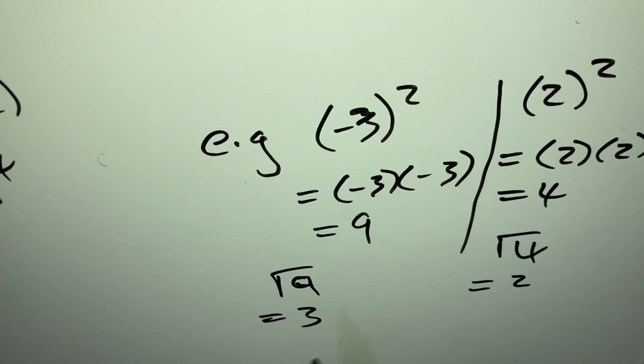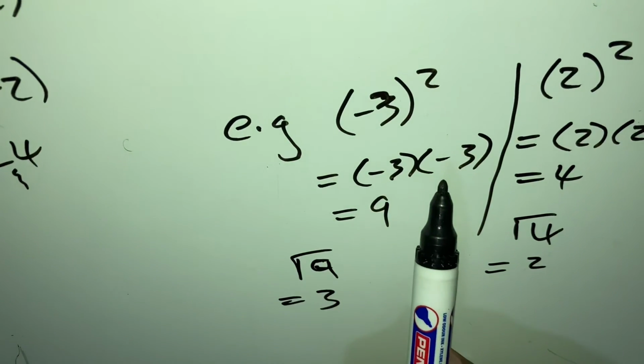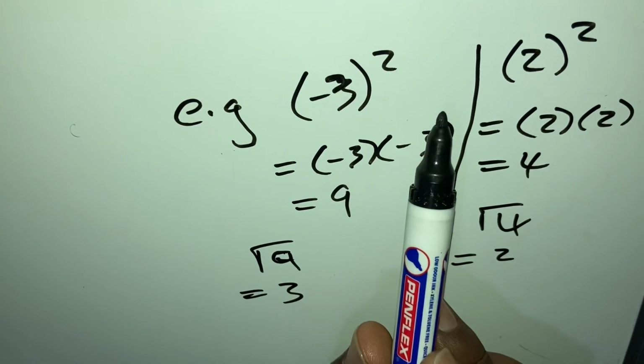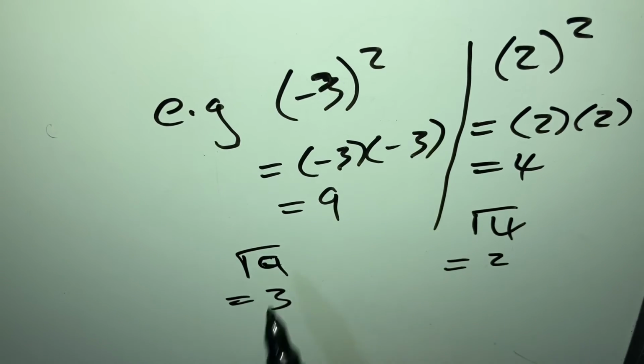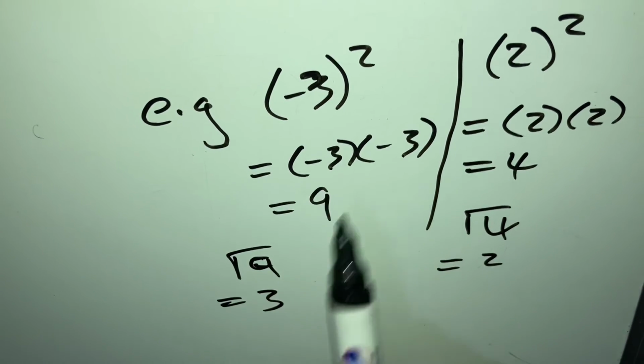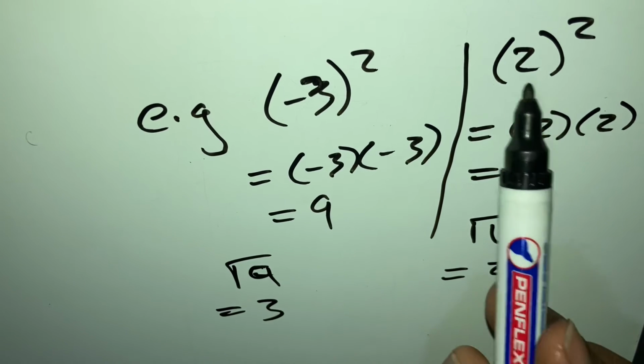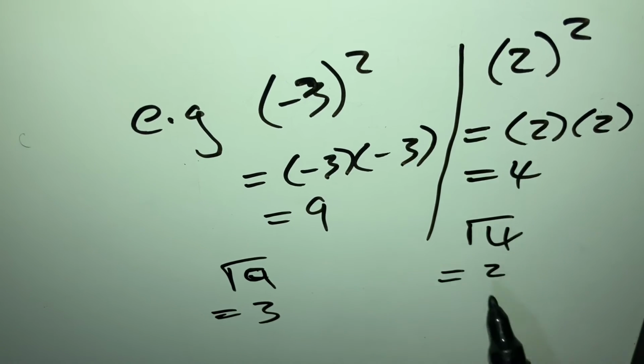So actually, everything squared is a positive. Secondly, whenever you're squaring the same thing, you're actually producing a perfect square. The same thing squared, we got 9, which is a perfect square. Same thing, 2 squared, we got 4, which is a perfect square.